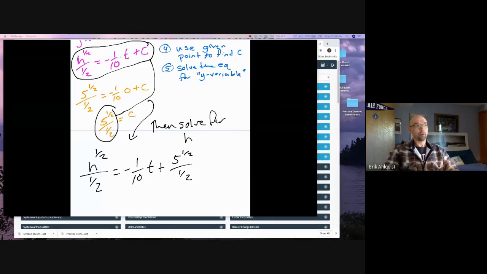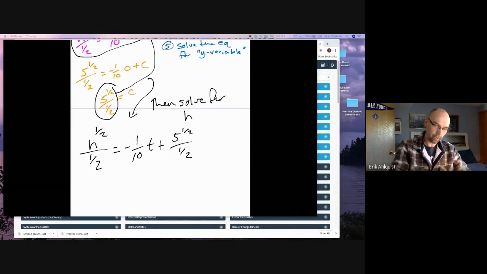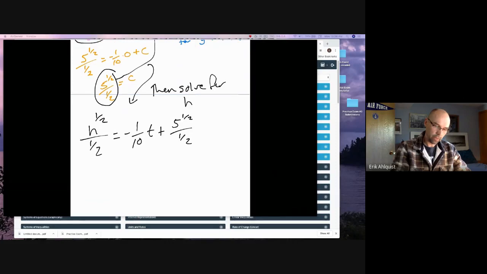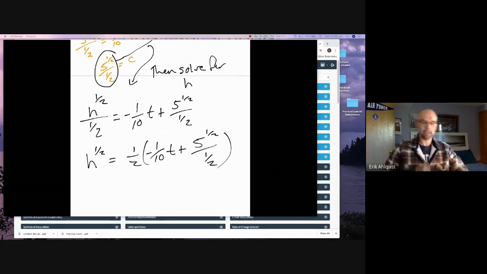In order to solve this for h, the first thing I would do is multiply both sides by 1/2, and that would get rid of the divided by 1/2. So h to the 1/2 is equal to 1/2 times -1/10 t plus 5 to the 1/2 divided by 1/2. If I'm not simplifying, that's what I have.